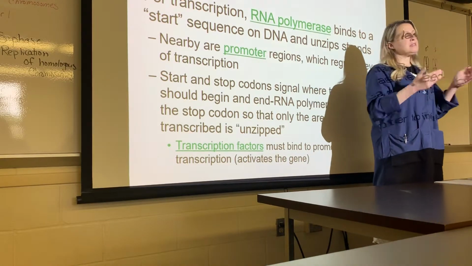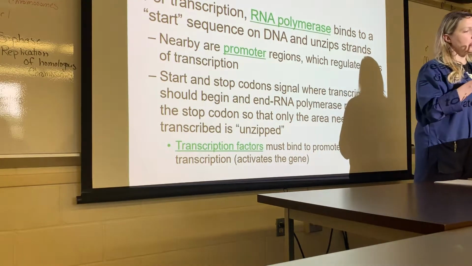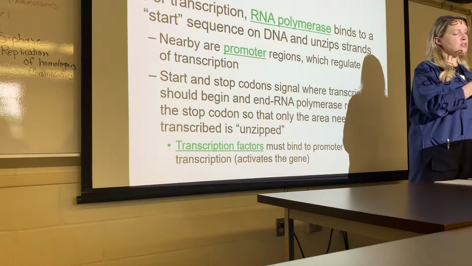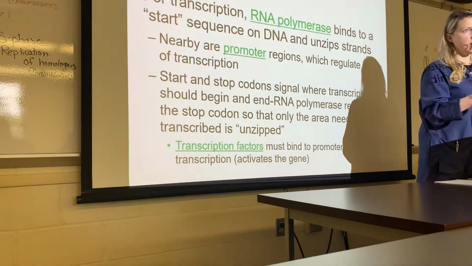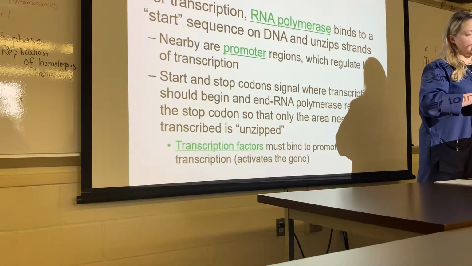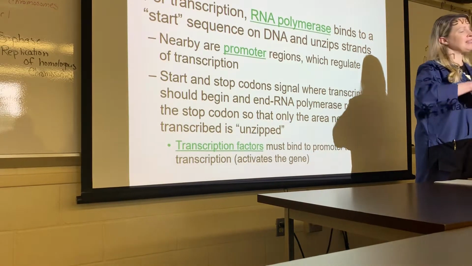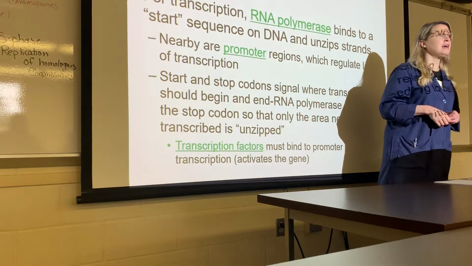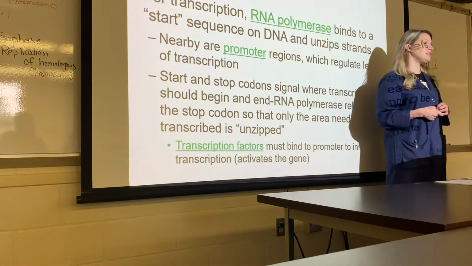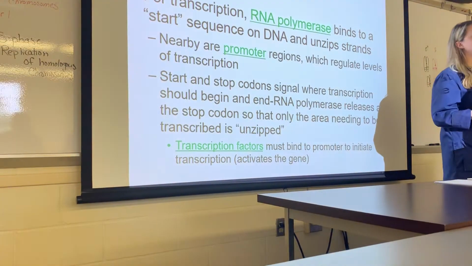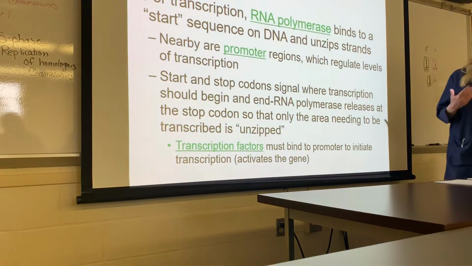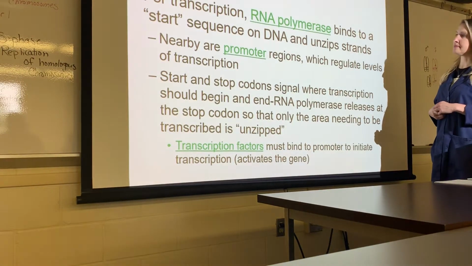It's kind of like a Ziploc baggie, where with transcription, you're not unzipping the whole bag. You're only unzipping a portion of it, just so that you can access what you need inside. That's essentially what you're doing with the DNA during transcription. We're only going to unzip a portion of the DNA molecule.